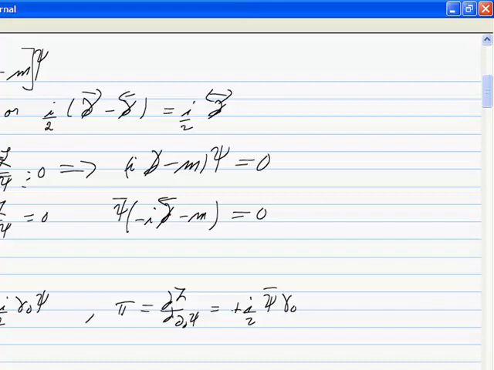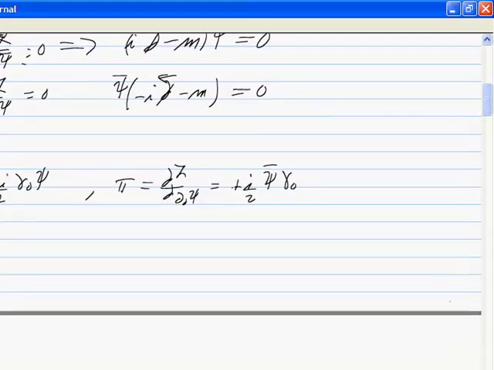Okay. And then the classical field theory tells us that we form the Hamiltonian.